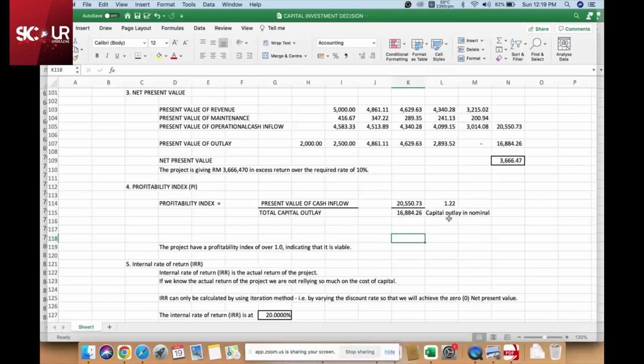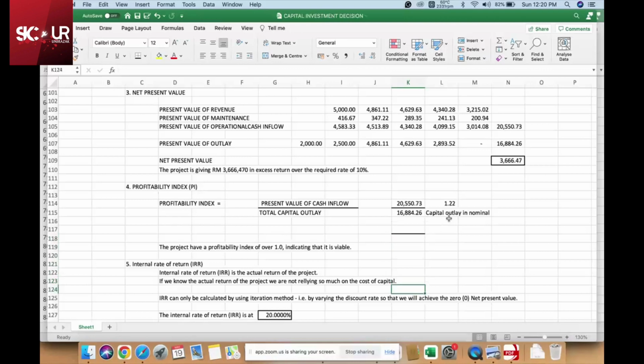In this case it is 1.22, so it is 22% higher than the investment. So it is a very viable project.